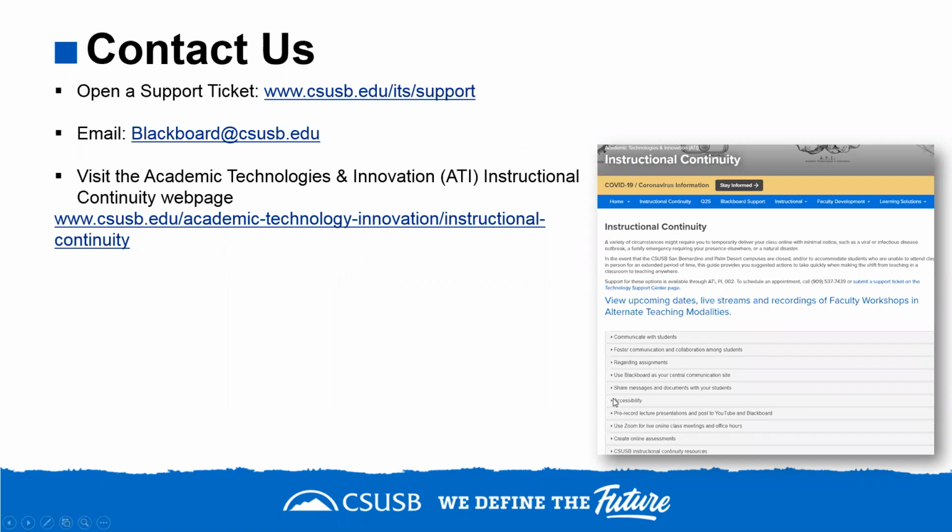This is where you'll find upcoming dates for workshops and information on communication with students in an online course, assignments, accessibility using Zoom, and creating assessments. You'll also find all the recordings for the webinars we've been holding over the past couple of weeks.